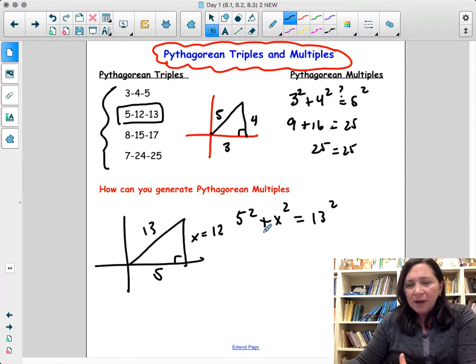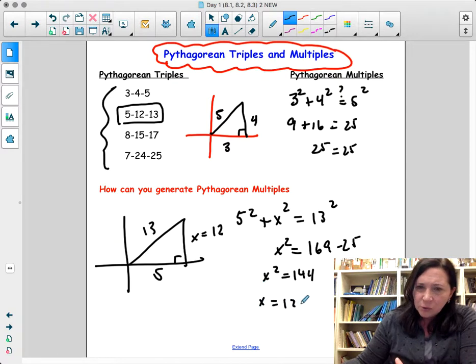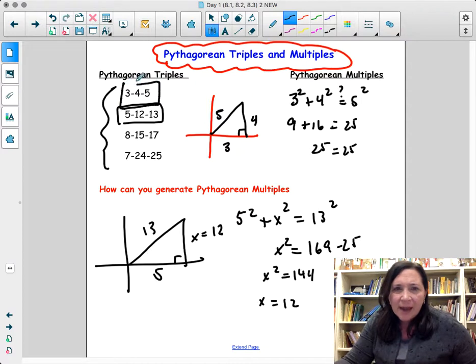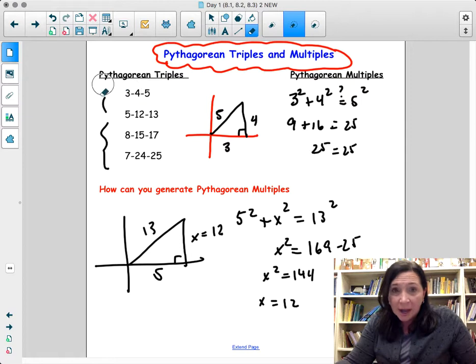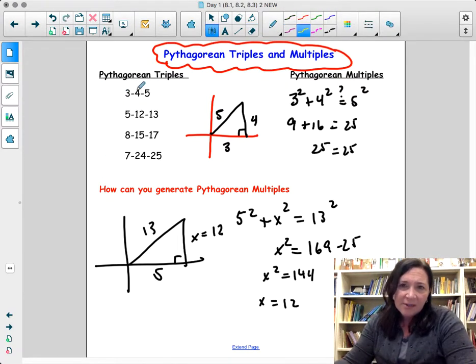Now, they could figure it out, of course, going x squared is equal to 169 minus 25. So x squared is equal to 144, square root both sides, x equals 12. Check, got it. But these are a set of numbers that actually work very frequently, and you're going to see these a lot. So if I were you, I would memorize these.